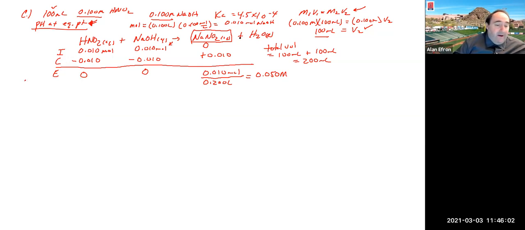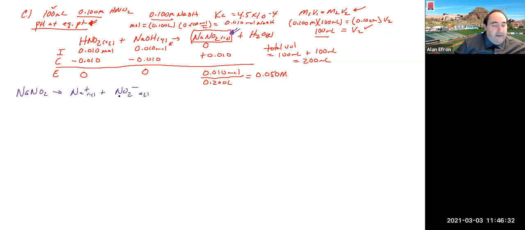Okay, so now, like we talked about before, if you're maybe still unclear on where to go next, your ice table can be very helpful for you. We see that all we pretty much have left is this sodium nitrite. That is a salt that will break apart into a sodium ion and a nitrite ion.